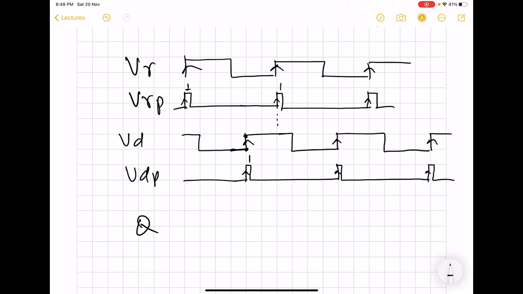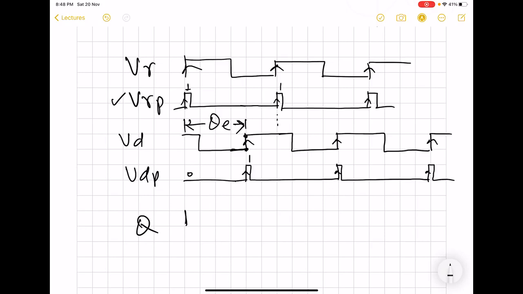That means, what is the error up to which this width will increase? We have now taken a different signal which has a rising edge quite far from the rising edge of the VR signal. At this moment, the phase error, or the mismatch between the rising edges of the two signals, is this much wide. When the rising edge of VR occurs, we have 1 for Q, and 0 for VD.